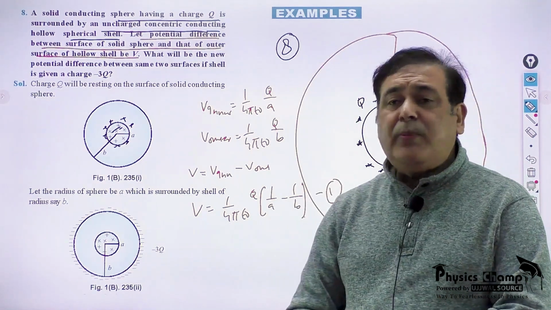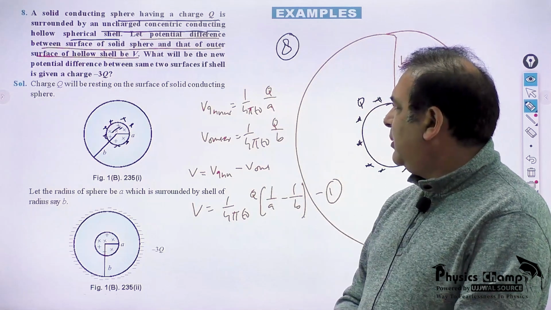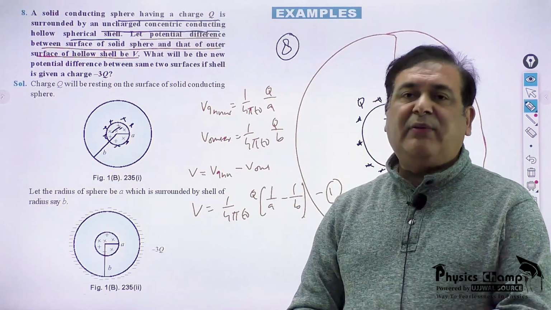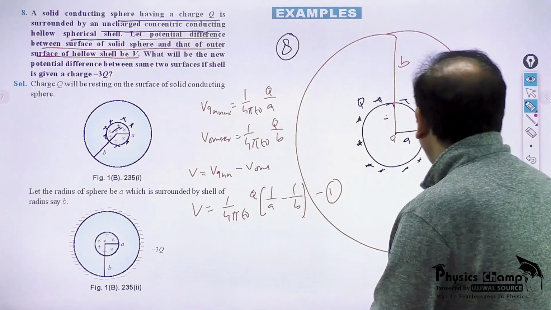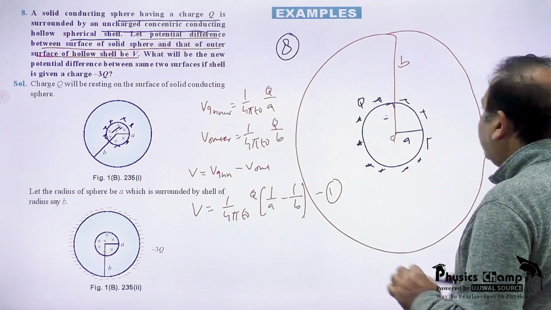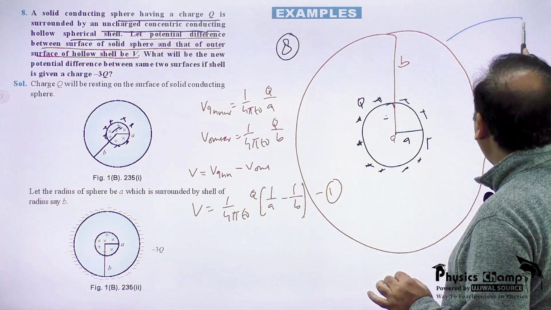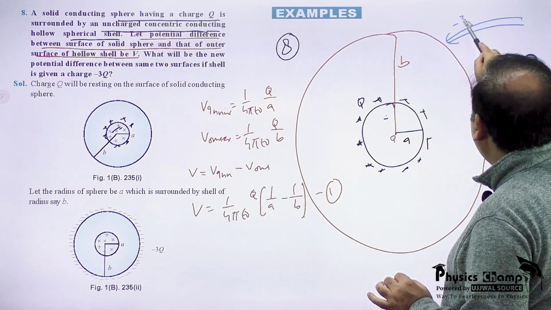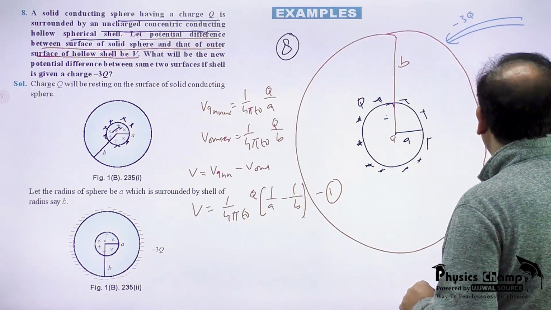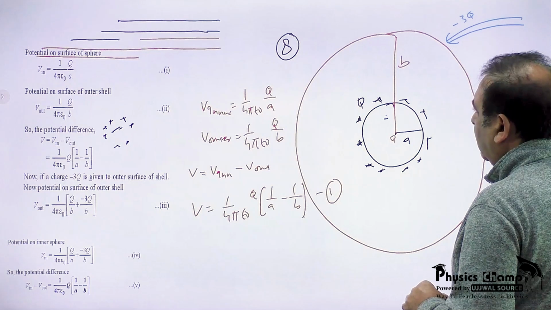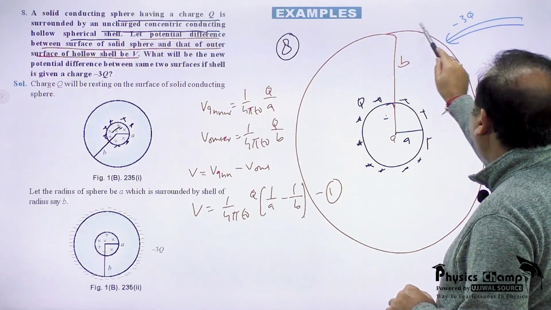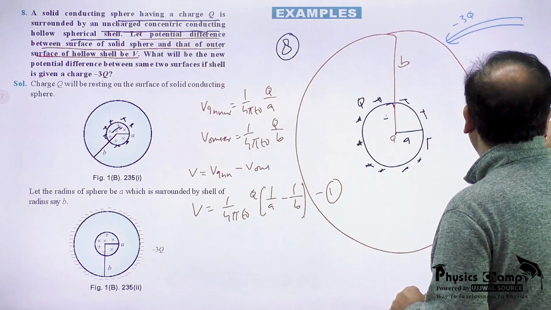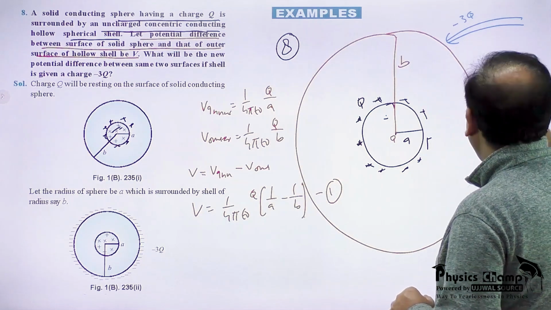What will be the new potential difference between the two surfaces if the outer shell is given a charge minus 3Q? So in this situation, what will happen if I supply a charge minus 3Q on the outer shell?